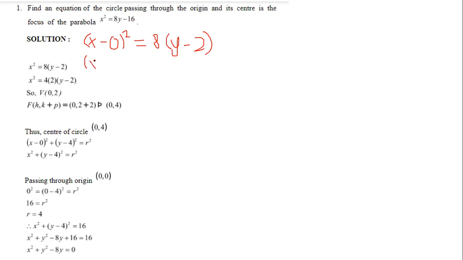Also we can get x minus h squared equals 4p y minus k.